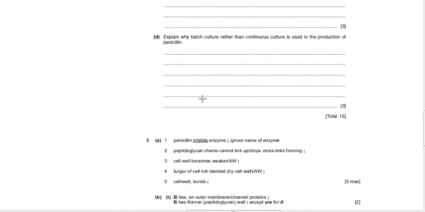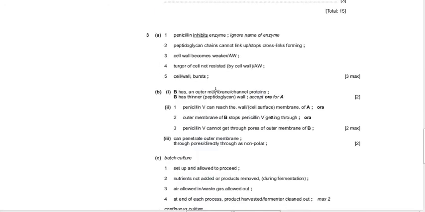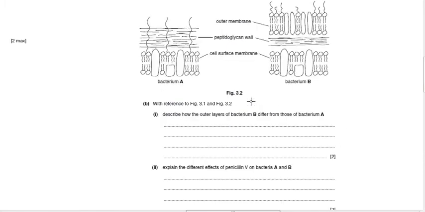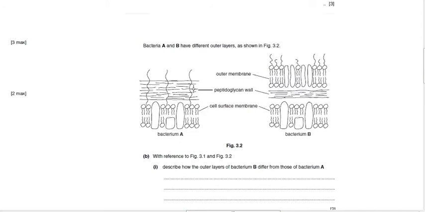So the answer is: B has an outer membrane, a chain of proteins, and B has a thinner peptidoglycan wall. Okay, those are the two differences. The peptidoglycan here is thicker.